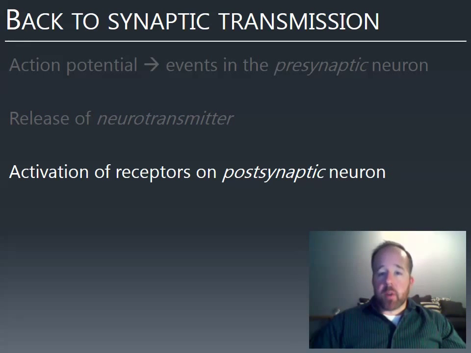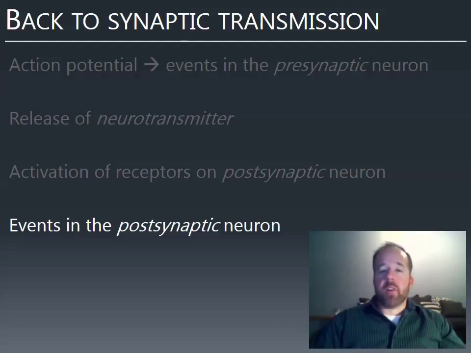And so these receptors on the postsynaptic neuron, once the neurotransmitter diffuses across the cleft, they latch on, the neurotransmitter molecules latch onto the receptors on the postsynaptic neuron, and the receptors either open up if they're ion channels or trigger some metabolic cascade if they're metabotropic receptors.